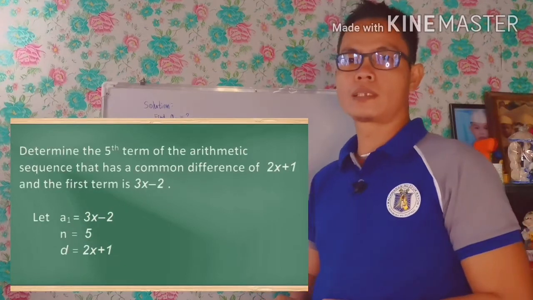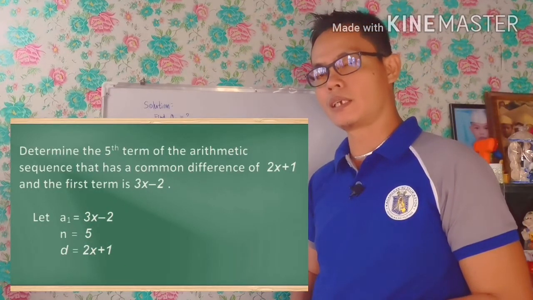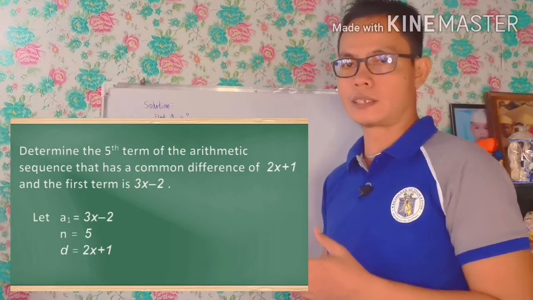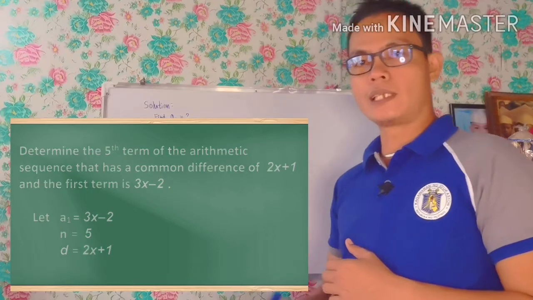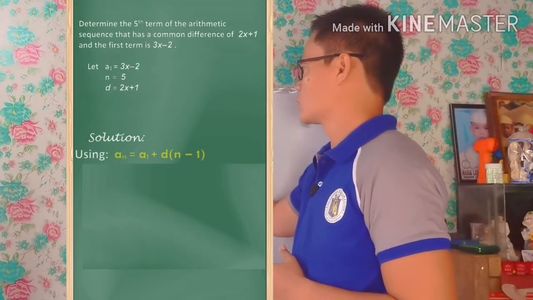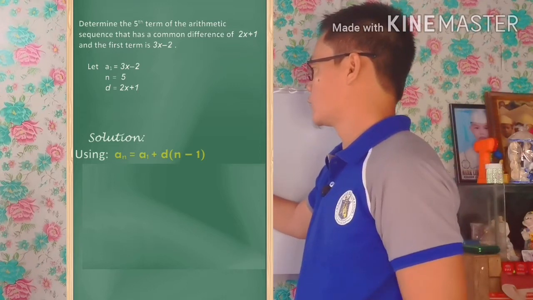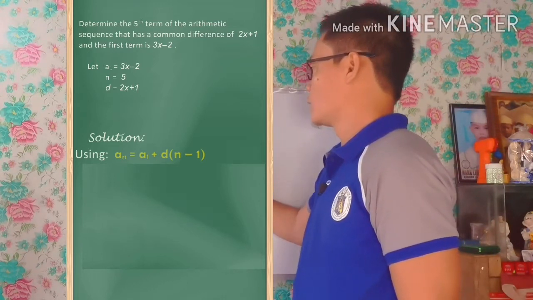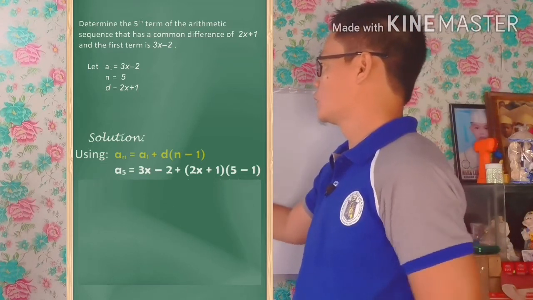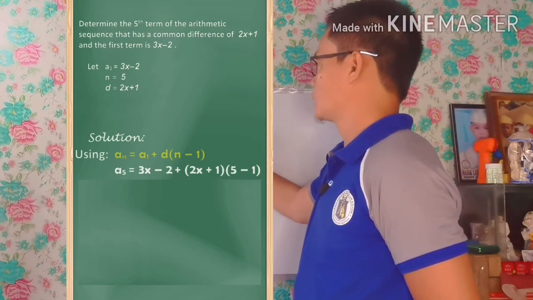So how do we get the 5th term if the givens are not numbers but algebraic expressions? It's just the same. Basically, we have to use the formula a sub n equals a sub 1 added to the product of the common difference and n minus 1. By the substitution method, since we are going to solve for the 5th term, the value of n is equivalent to 5.